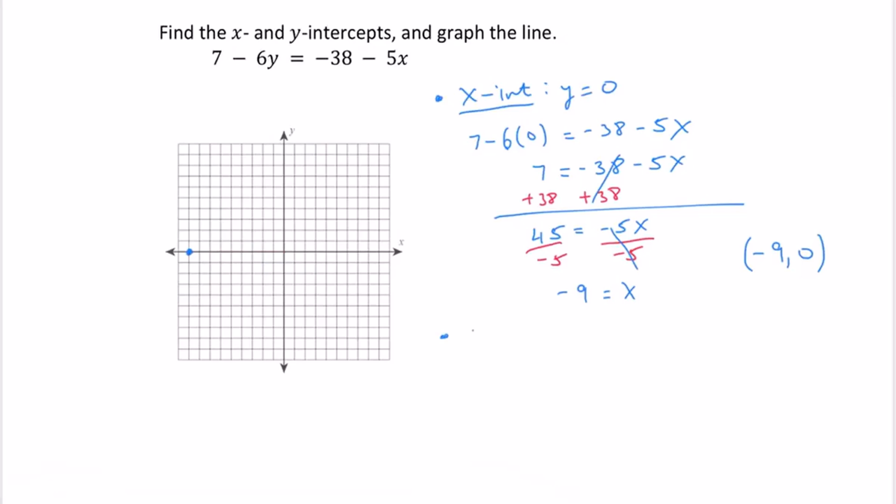Let's get the y-intercept. To get the y-intercept, x needs to equal 0. So we have 7 minus 6y is equal to negative 38 minus 5 times 0. So that is 7 minus 6y is equal to negative 38.